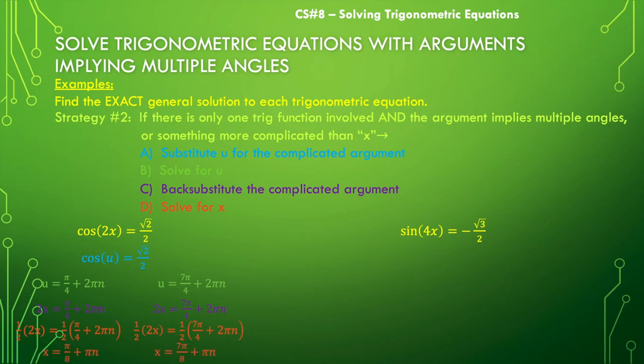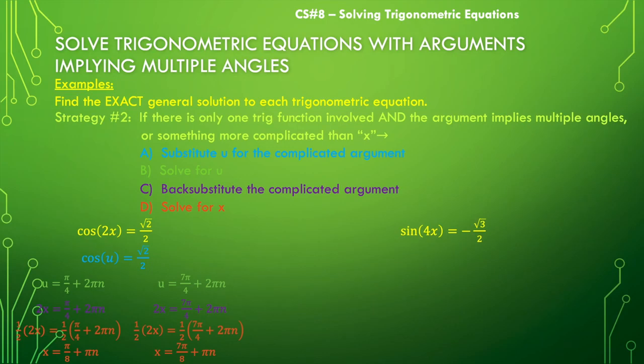We'll get x is equal to pi over 8 plus half of 2 pi n is pi n. Okay, and here x is equal to 7 pi over 8 plus pi n. So it's not too bad, but it's a little more complicated than our first strategy.